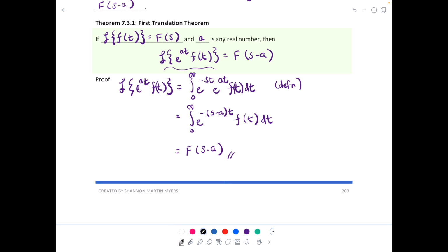And if we just look at a quick sketch, you'd have something like this, where this is our f-axis, and over here we might have our s-axis. Let's say that this here was capital F at s, and we said that it looked like this.